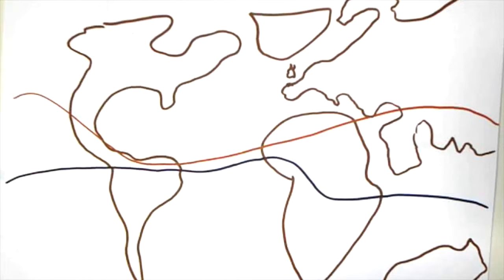If you will humor my artistic capabilities for just a second, here we have a drawing of the Earth, and this red line is the position of the ITCZ during the Northern Hemisphere summer, and this blue line is the ITCZ during the Southern Hemisphere summer.